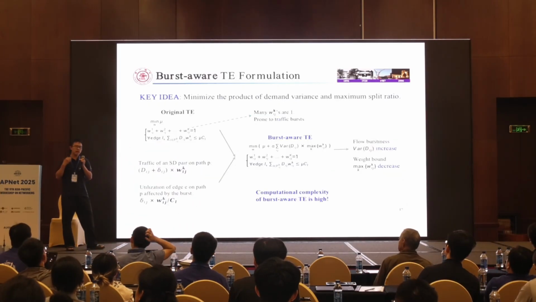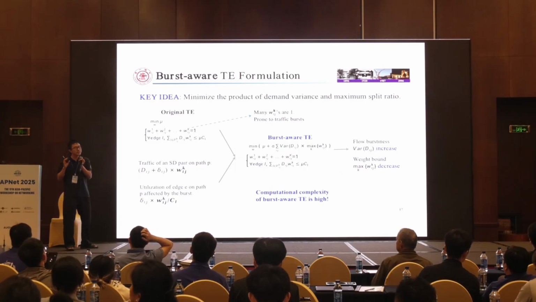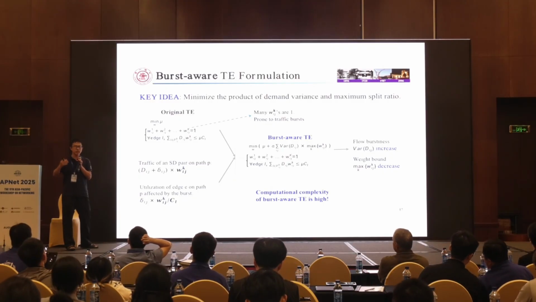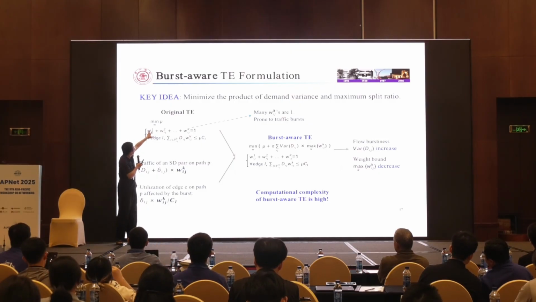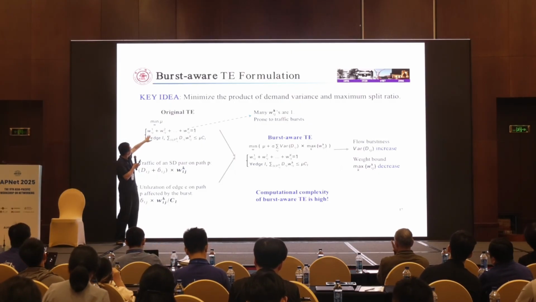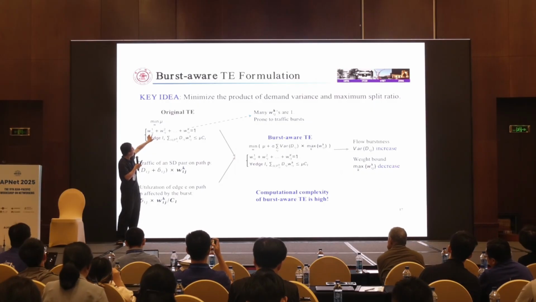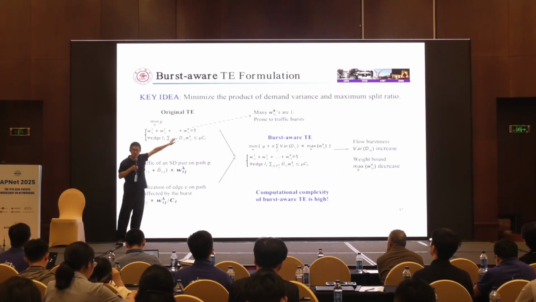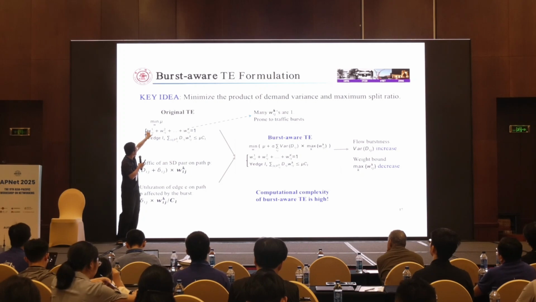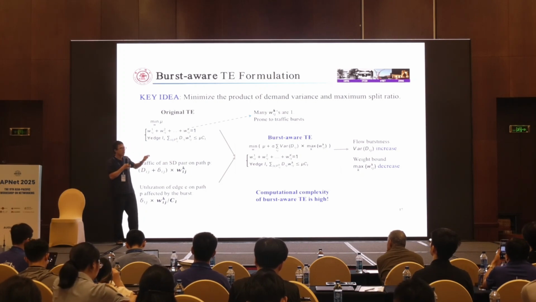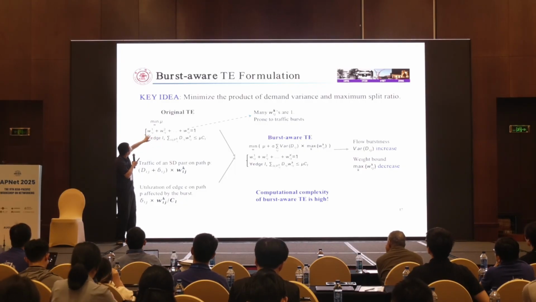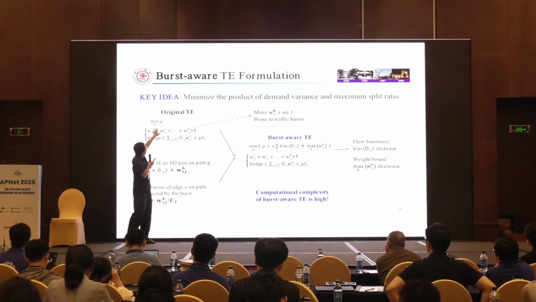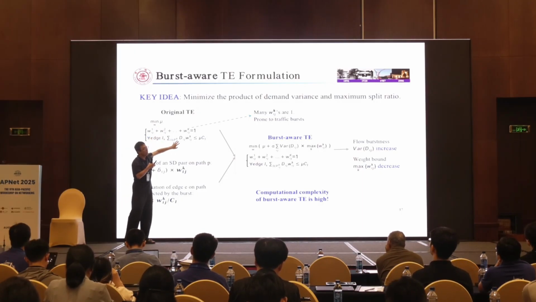Based on this idea, we can slightly change the formulation of the original TE problem. Originally, for source i to destination j, we have K paths, and Wij is the routing weights along the K paths. Clearly, these numbers sum to 1, and the objective is to minimize the maximum congestion among all the links.